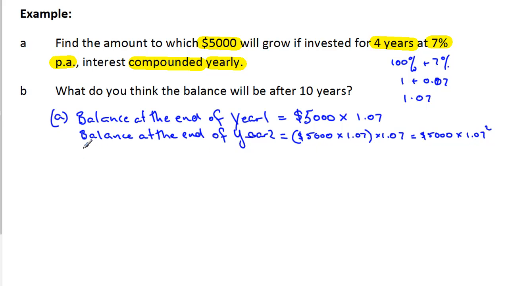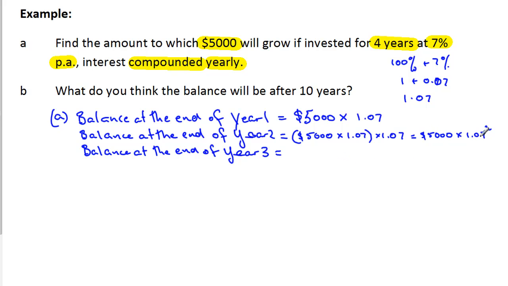Alright, so let's have a look now at the balance at the end of year 3. Alright, so what is it going to be? It's going to be all of this, because remember this here is the balance at the end of year 2.